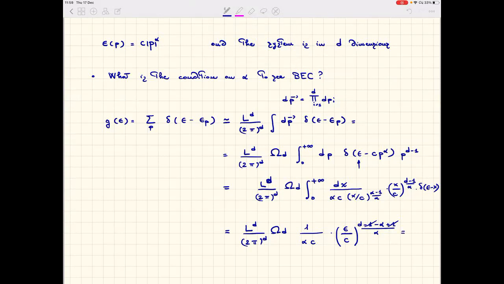And then this is equal to L to the power D over 2 pi to the D, omega D, 1 over alpha C, and then you will get epsilon over C to the power D minus alpha over alpha. Correct? I think it's correct.